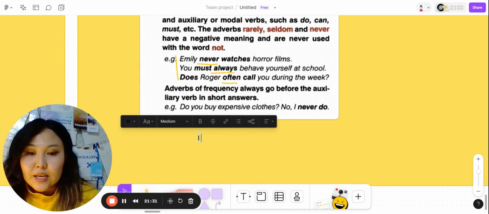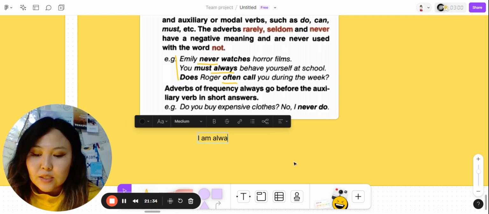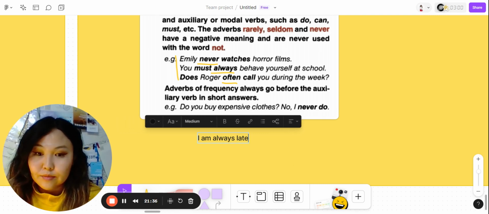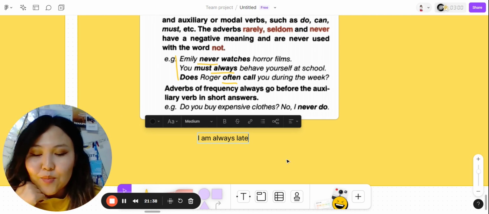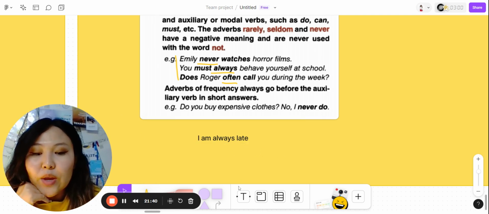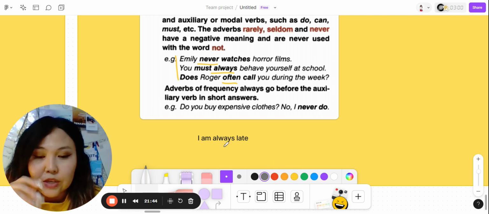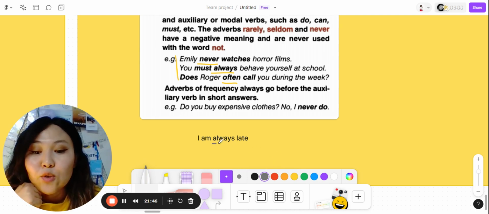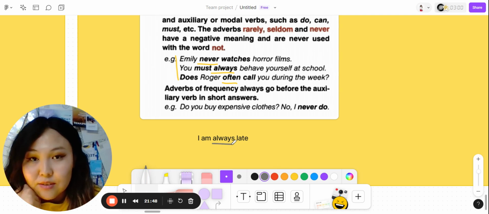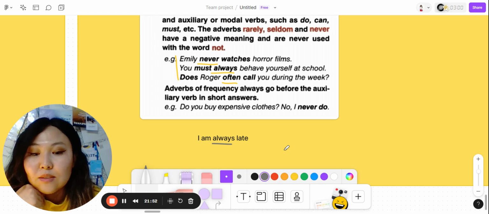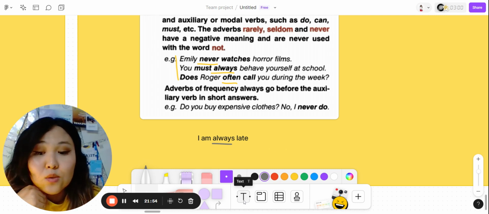For example, I can say, I am always late, which is not true, in fact. We can see that we are placing our adverb of frequency after our to be verb. I am always late. Or he is always late, she is always late.